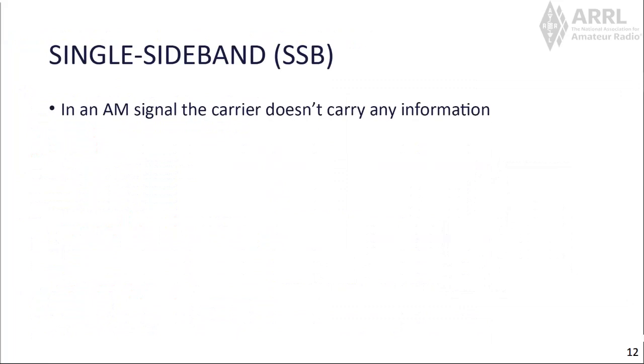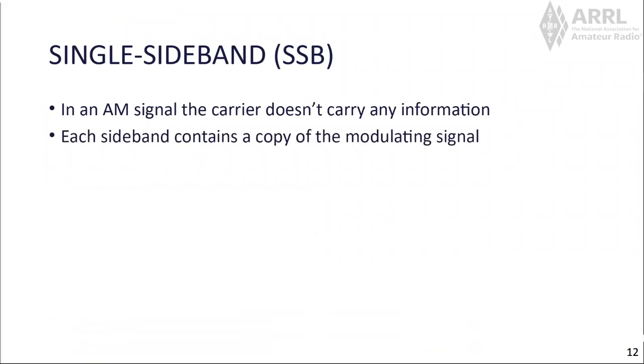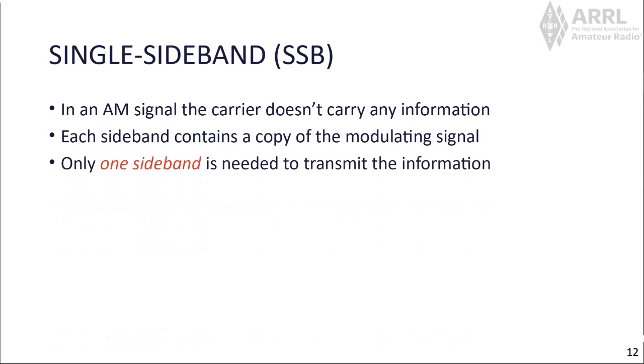In an AM signal, the carrier doesn't carry any information, okay? Each sideband contains a copy of the modulating signal, okay? Only one sideband is needed to transmit the information.